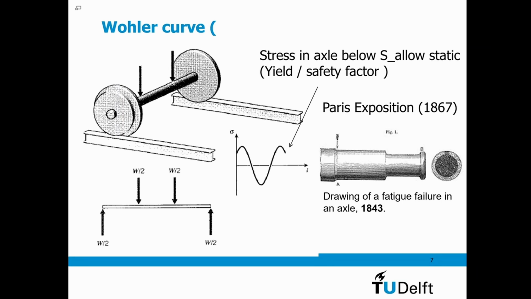There were a couple of very big railway disasters, and during the research on what happened, they found out that the axles of rails were broken with loads which were clearly below the yield stress. And of course, a train wheel is the perfect example of a component under cyclic loading.